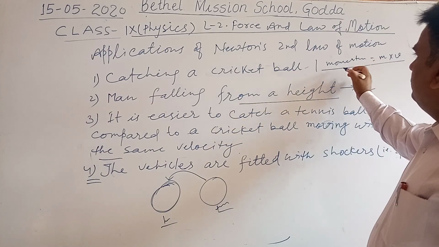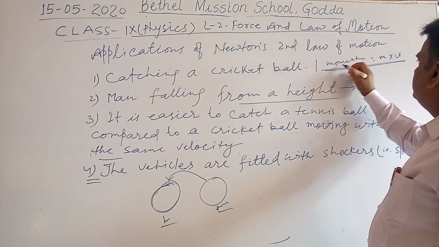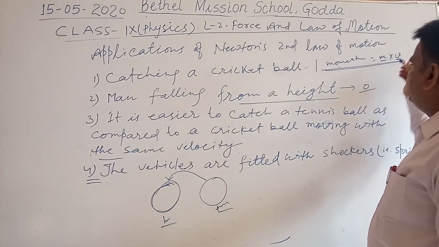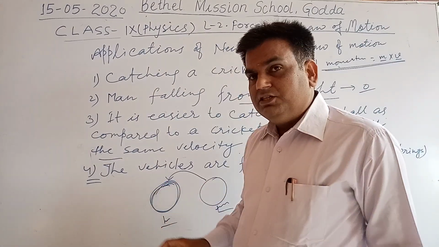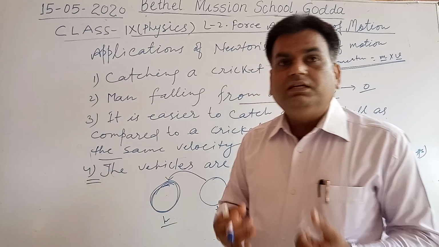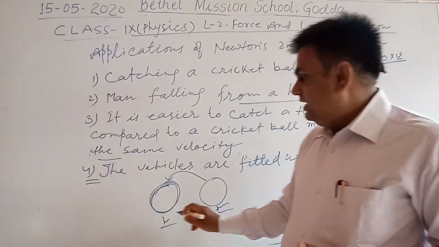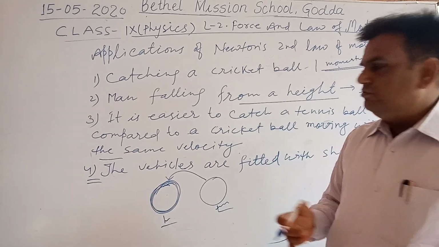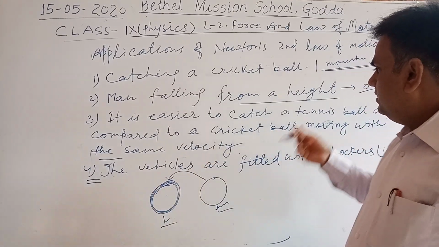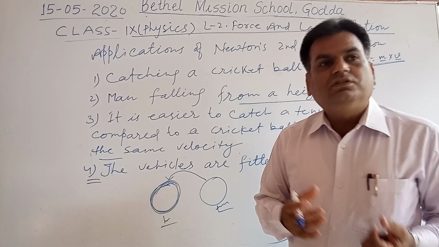As you know, the momentum of an object depends upon mass and velocity. So the cricket ball has a greater mass, and therefore a greater momentum. Due to this, the tennis ball is easier to catch when both balls move with the same velocity.